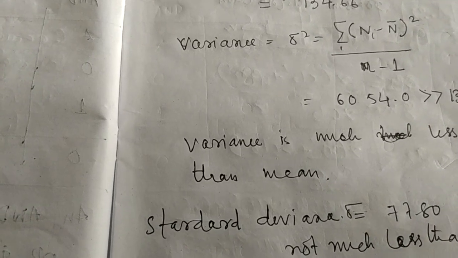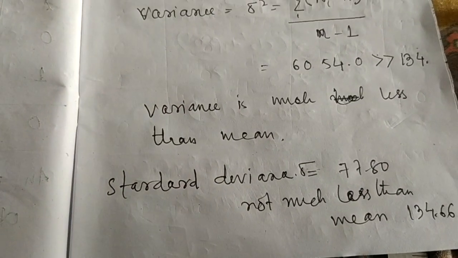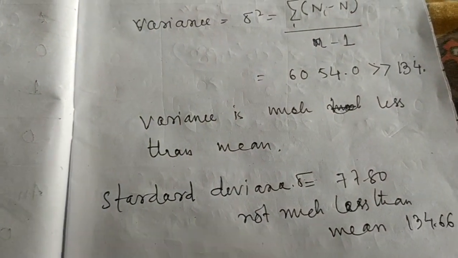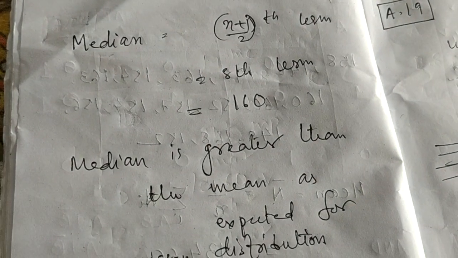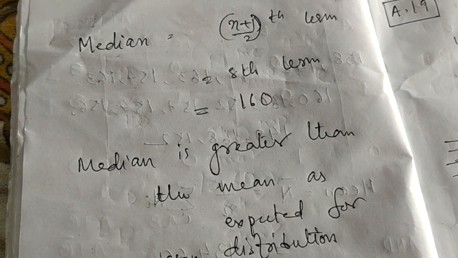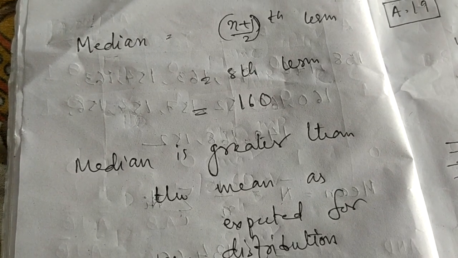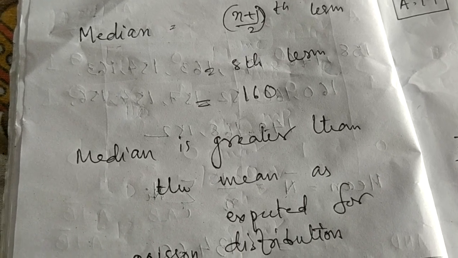So the teacher will not suspect anything from this. Now the median is 160, which is greater than the mean. So it is expected for a Poisson distribution.